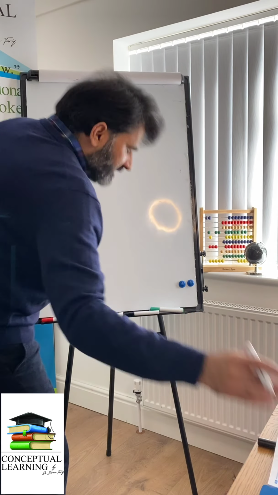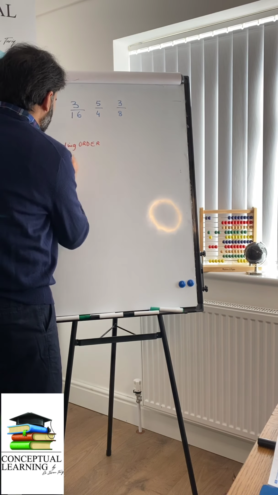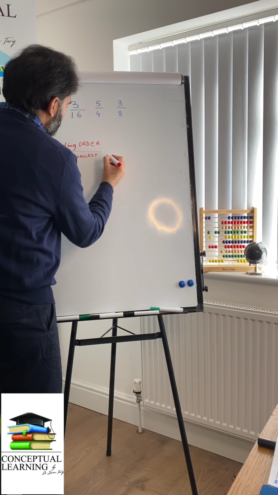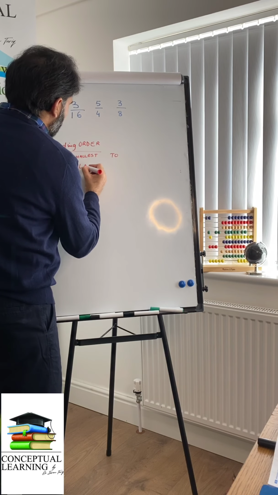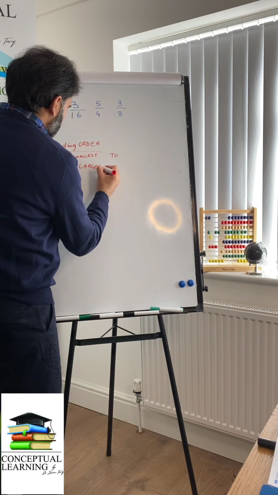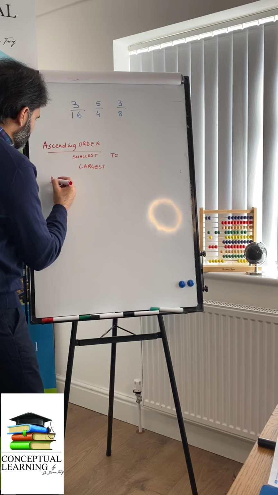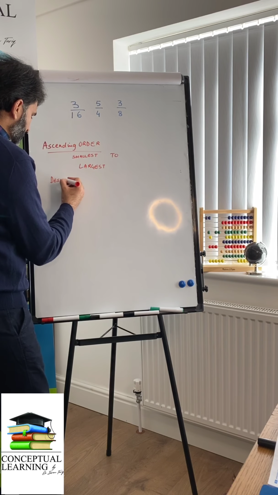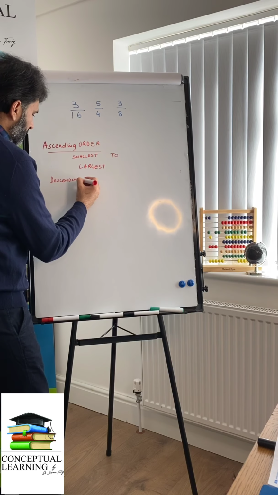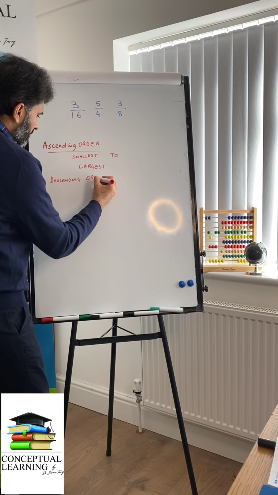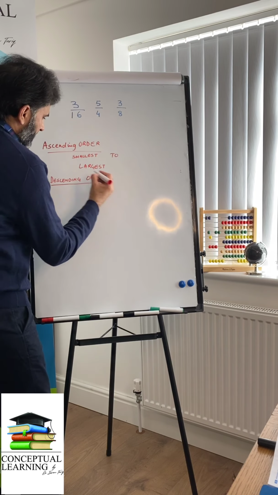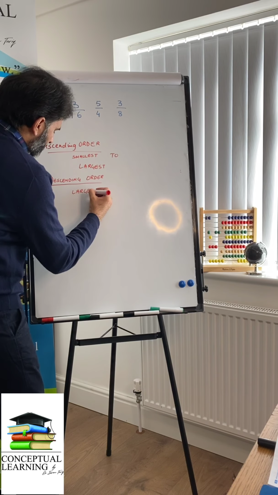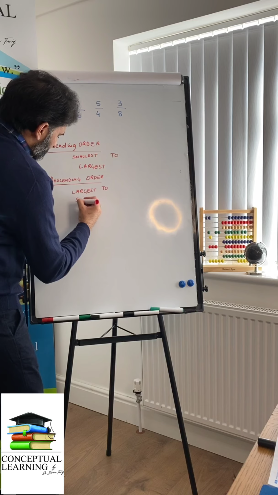And descending order is from largest to smallest, the other way around.